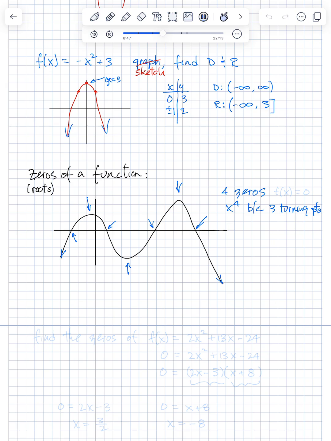Okay, so let's do an example. Oh, also, the zeros are where f of x equals 0. So here's an example.